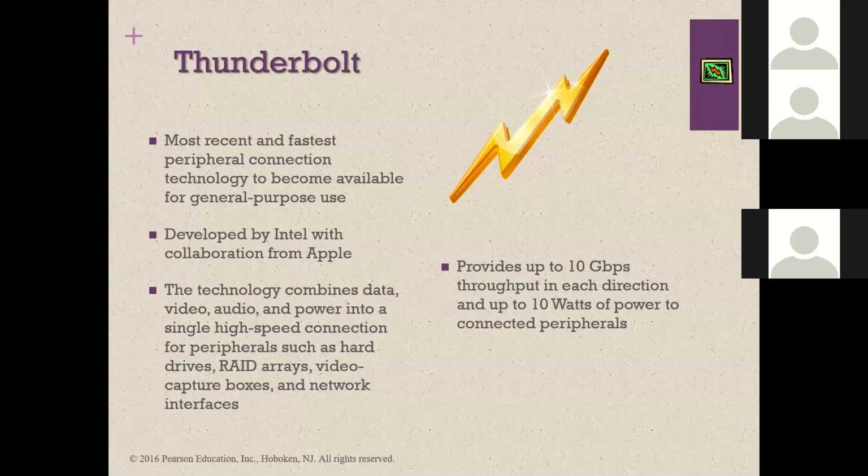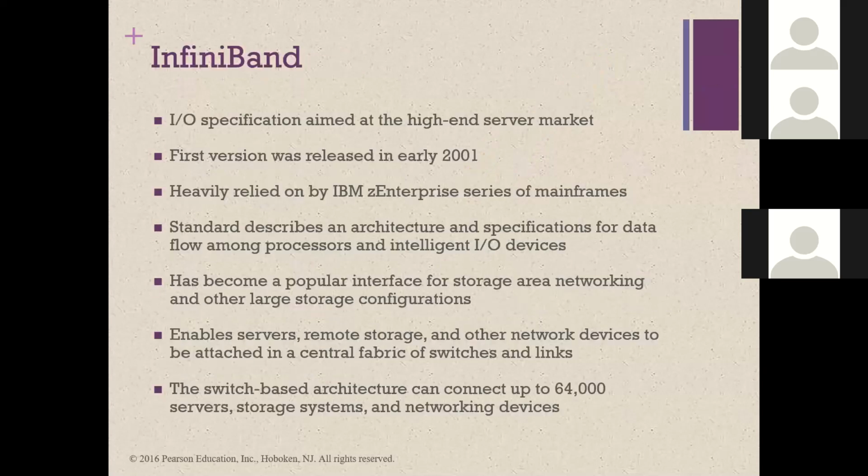The first version of the specification was released in early 2001, and it has attracted numerous vendors. For example, the IBM Z Enterprise series of mainframe computers has relied heavily on InfiniBand for a number of years. The standard describes an architecture and specification for data flow among processors and intelligent I/O devices.